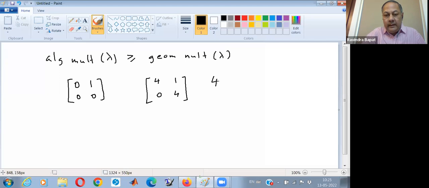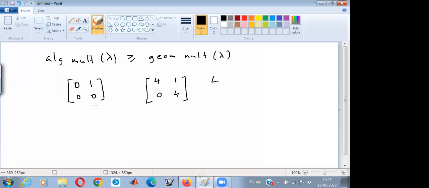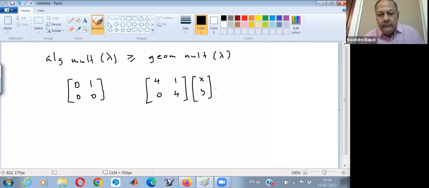But if you look at the eigenvectors, that will give you the equation with x, y. So you get two equations. One is 4x plus y is equal to 4x, and one is 4y is equal to 4y.